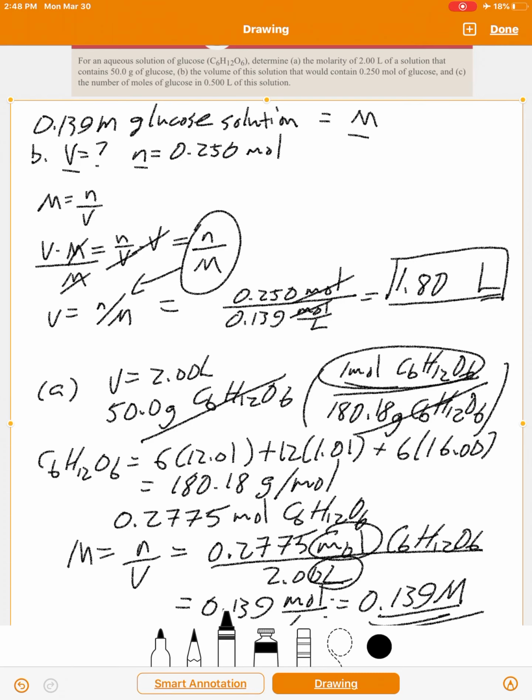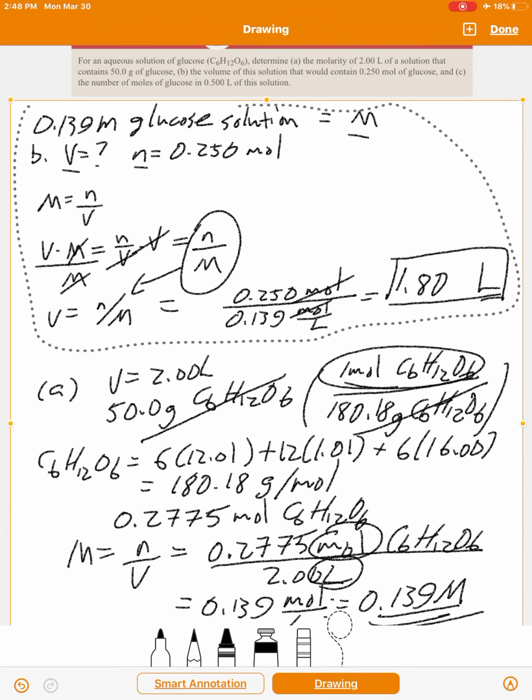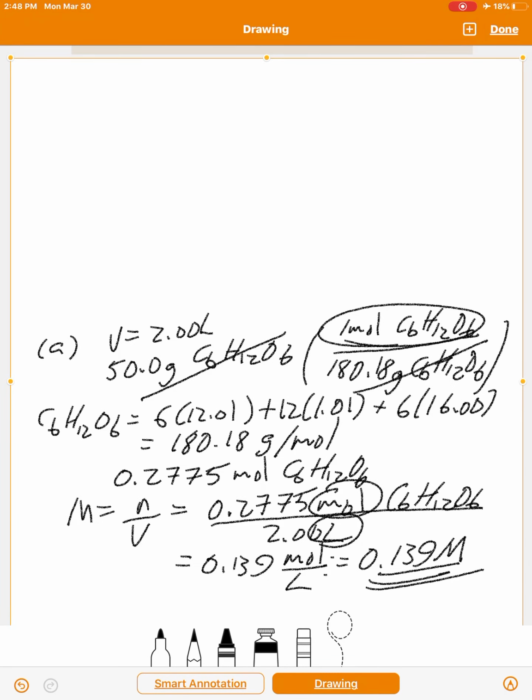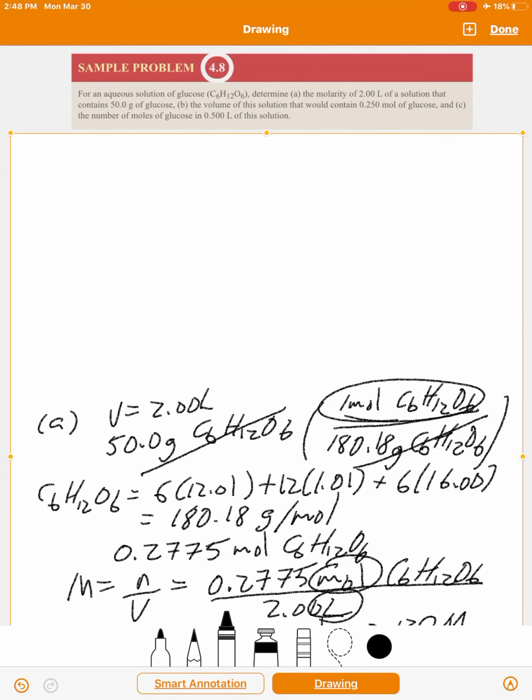So let's be careful here because I don't want to erase everything. So I'm just going to erase this. When they say this solution, they mean the solution from part A most likely. Okay, so part C, we want to find the moles of glucose.